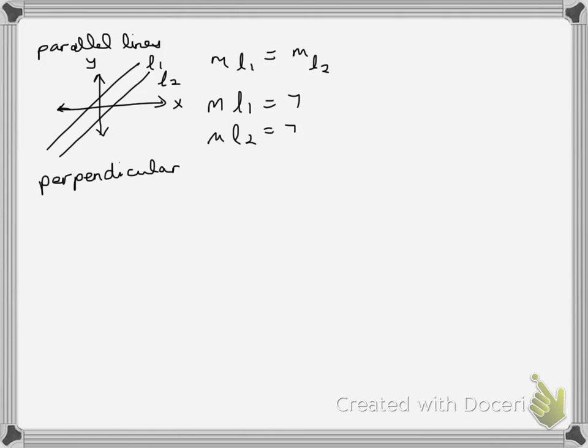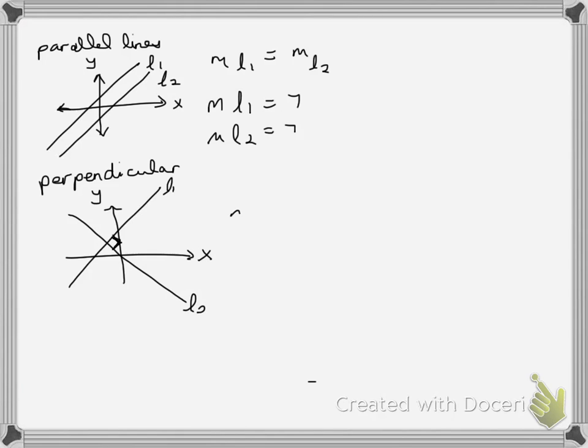So in a drawing, if this is x and this is y, if this were my first line, my next line would form a right angle. Line 2 forms a right angle, okay, and it would be the negative reciprocal.